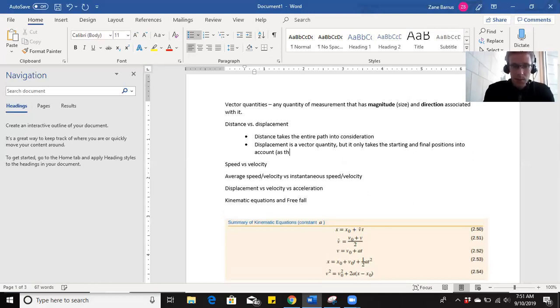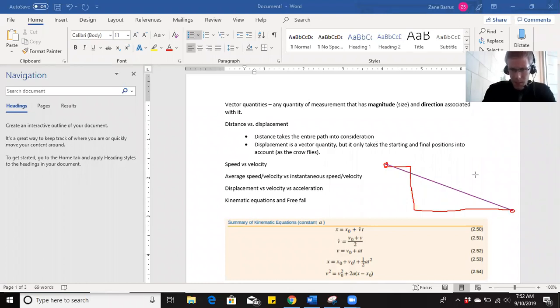Suppose we go back to our example where I had to go from my house to school, and I had to drive 18 blocks distance to get there. My distance was 18 blocks, but my displacement is just the straight line distance from where I started to where I finished.